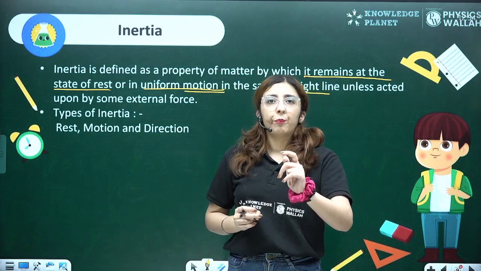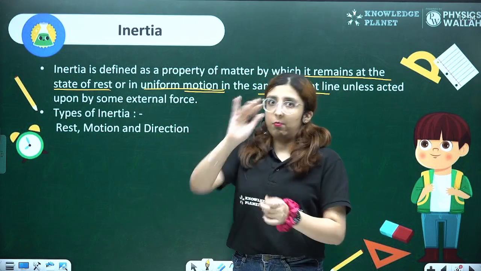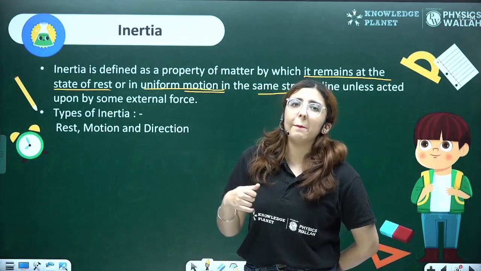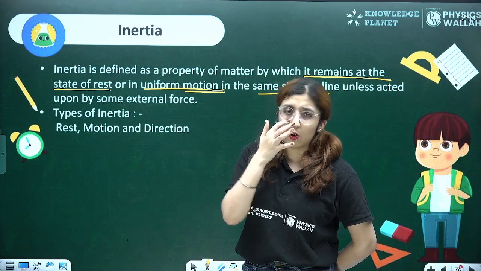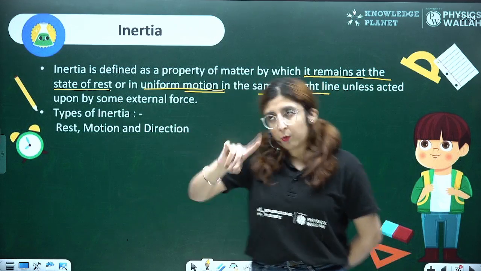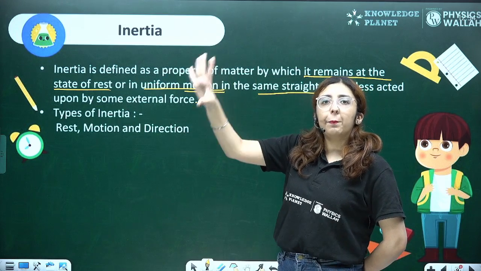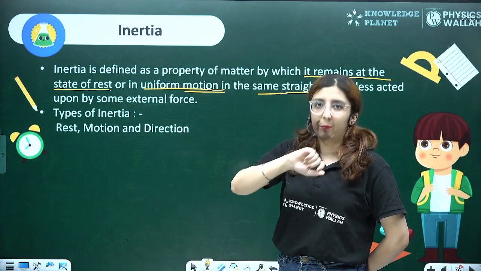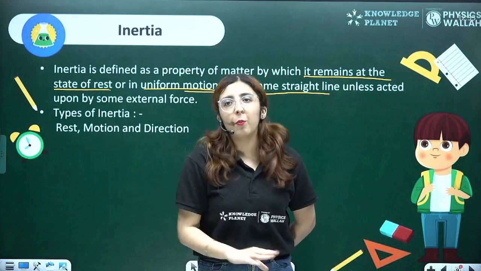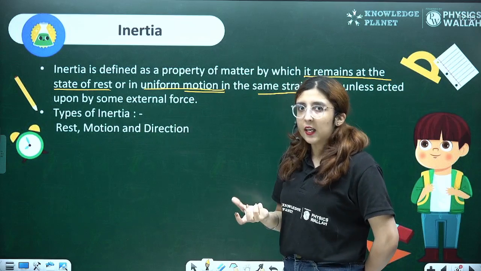Another example: you are playing outside, your mother is calling you to come inside, and you say, no, I will play 5 more minutes, 10 more minutes. You are resisting that. That is inertia: want to continue to play, don't want to go home.